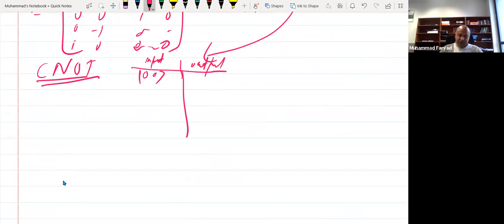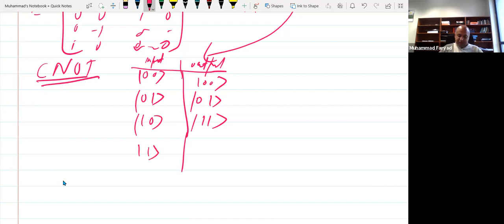The first qubit is control, the second is target. So 0, 0 goes to 0, 0. 0, 1 should go to 0, 1. But 1, 0 should go to 1, 1, because the control is 1, so the target should flip, and 1, 1 should go to 1, 0.